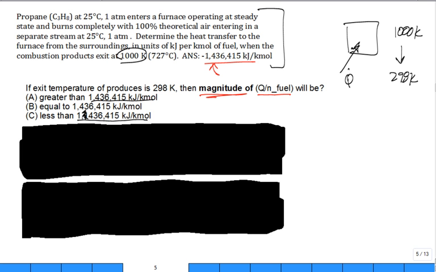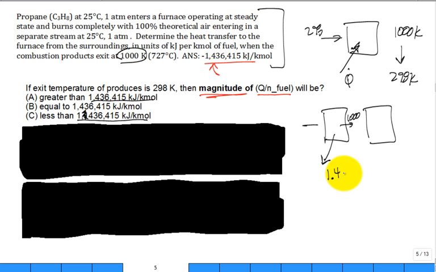All right, I'm going to ask another question. I'm going to have 2 parts to my combustion chamber. One is they're going to come in just like here, 298. No problem. 100% theoretical air, 298. And then it's going to come out at 1,000. Right away, we know that that's the right direction. And you're going to get 1.4 times 10 to the 6 kilojoules for every kilomole of fuel going out.